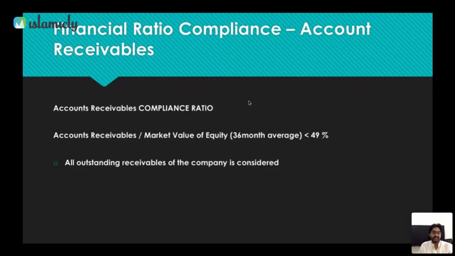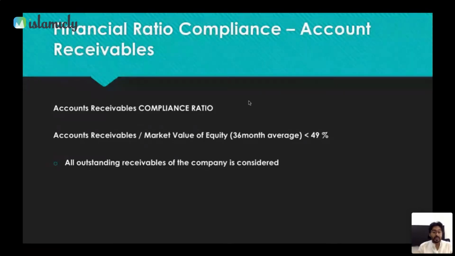Hence, if a company has more than 49% of its accounts receivable to its market capitalization, the company is considered non-permissible.